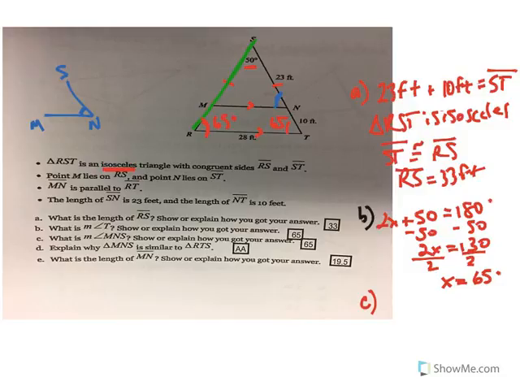So remember before when the problem told us that these two lines are parallel? Well, think about a transversal, right? If we have two lines that are parallel right here, and this side, ST, is cutting through as the transversal, we have angle T right here, which is this one, and then we have angle N right here, which is this one.